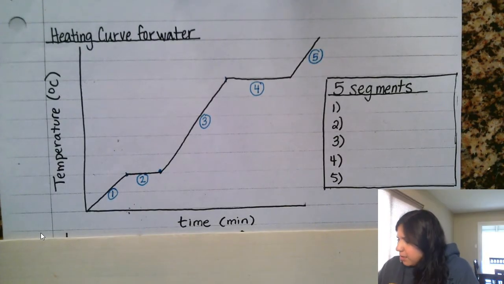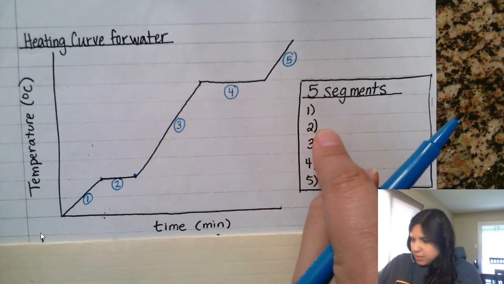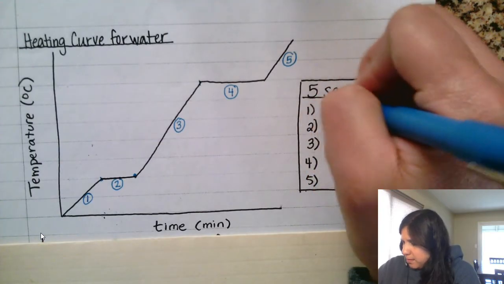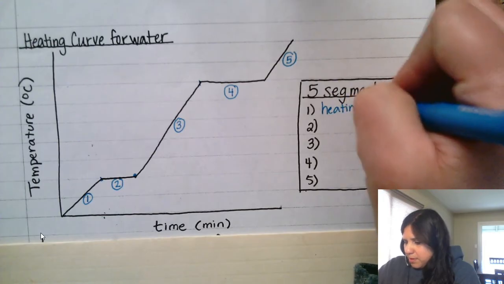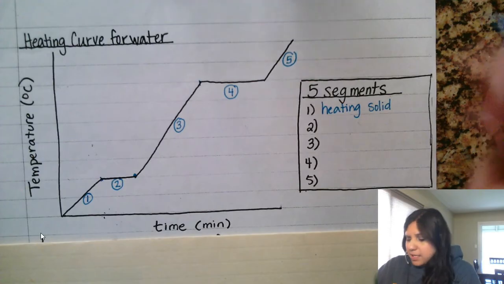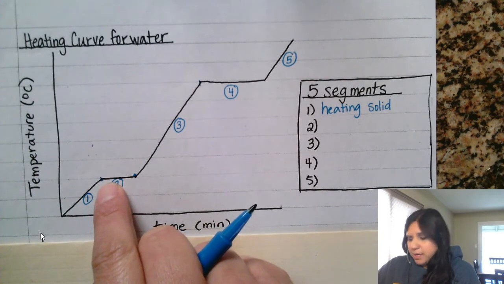Okay. Now, what's going on in each state? Well, in step 1, the first segment, we are heating the solid. We're taking the solid sample, in our case ice, and we're applying heat to it. It gradually increases in temperature as we apply heat over time.